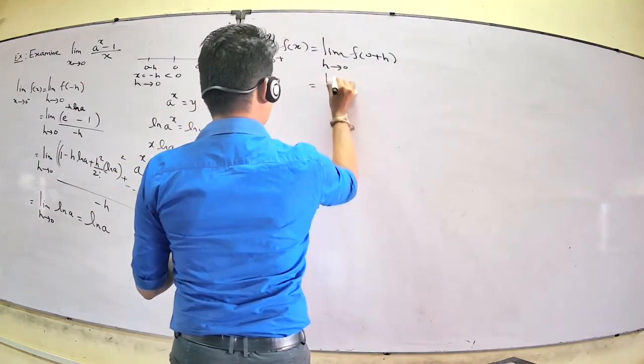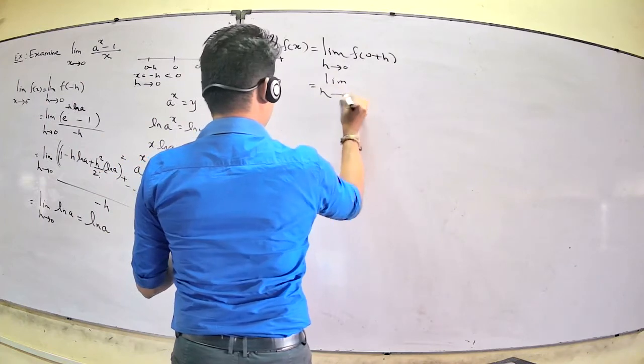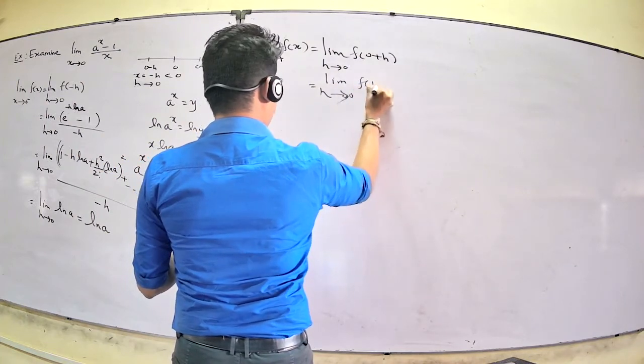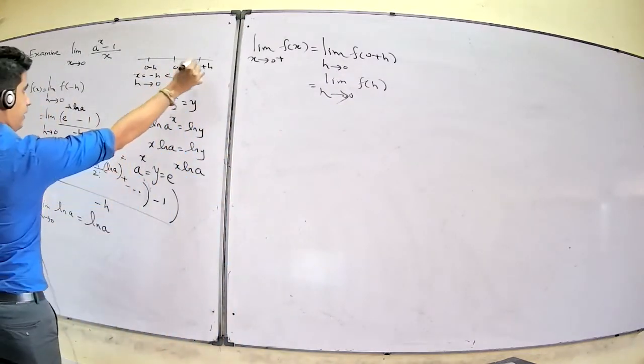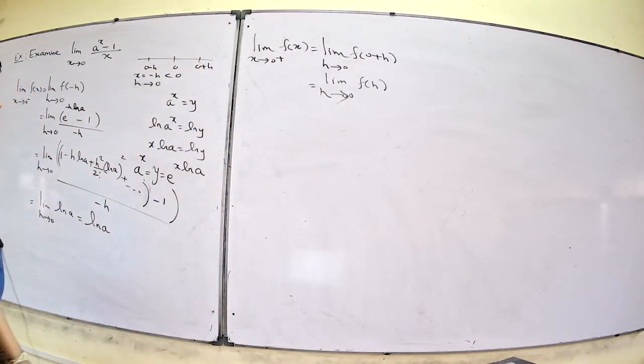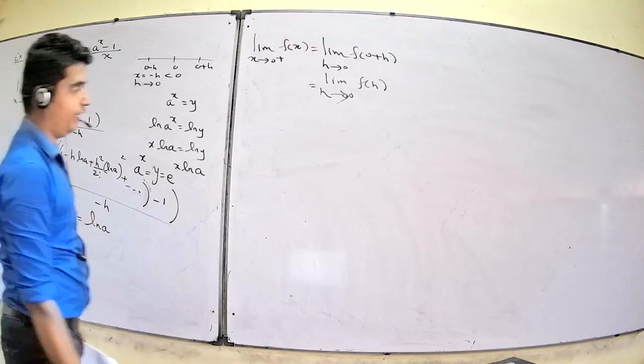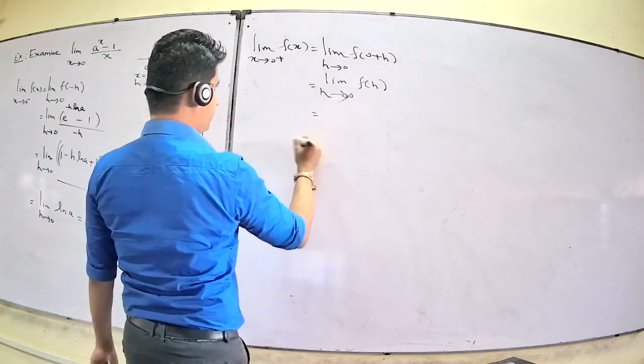Suppose x equal to h, positive, greater than 0, therefore h tends to 0 and f of h is the right limit.